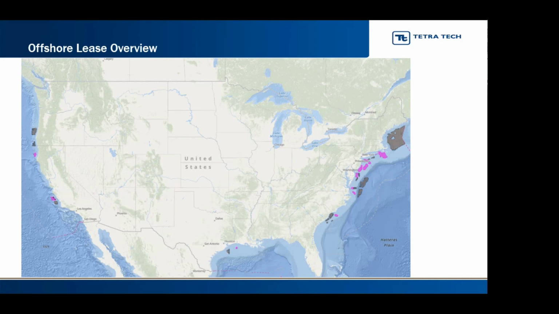East Coast, again, that was the first area that was offered for lease. So those projects are further along, and some of them are under construction. A couple of the ones off of Central California were auctioned off in December. So they're still in the planning stages. And then the most recent one that was auctioned last month was the first one in the Gulf of Mexico, right off of Louisiana there.